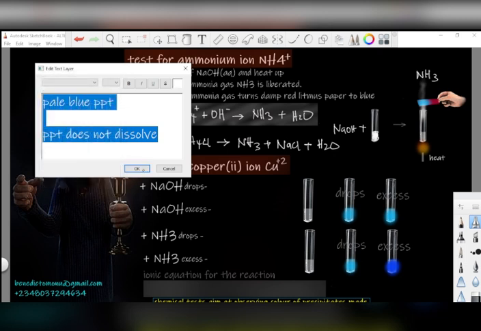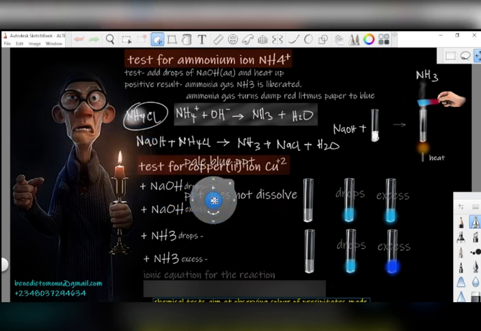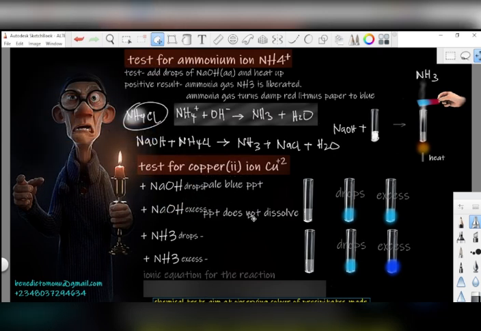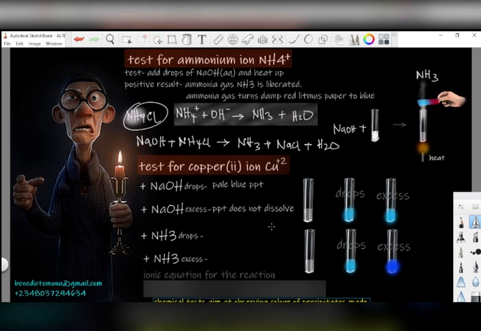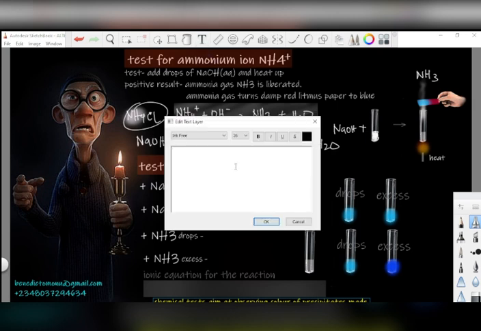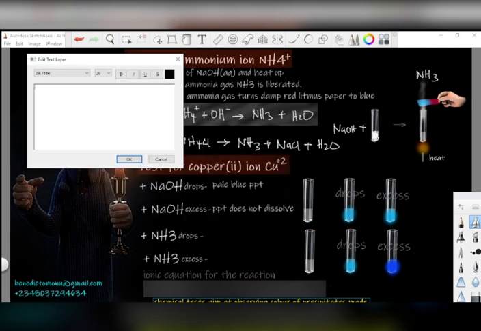So when this happens, it confirms that what? That your sample contains the copper 2 ion. If you add ammonia, the same thing. In ammonia, you get a pale blue precipitate. Allow me to use PPT for precipitate.